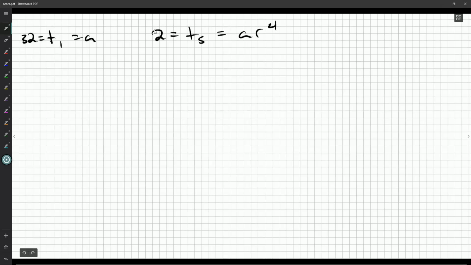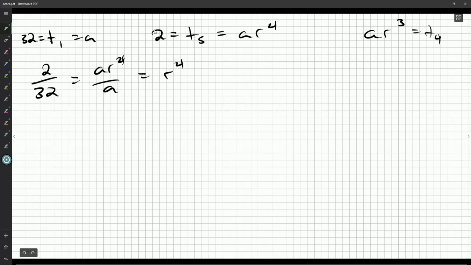So that's AR to the 4. What do we want? We want AR cubed, because that's T4. Okay. Well, it's not that hard to figure out what R to the 4 is. So 2 over 32 is AR to the 4 over A. So we get R to the 4 is 1 over 16.